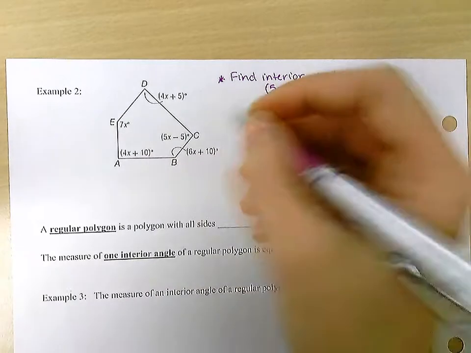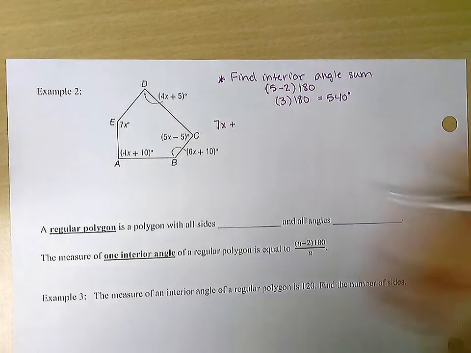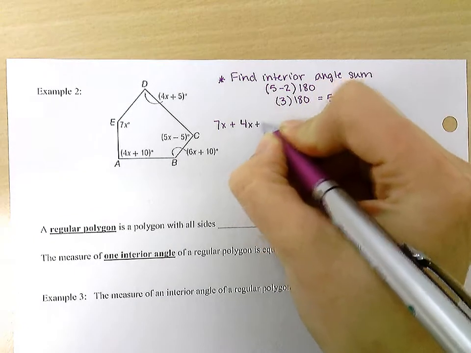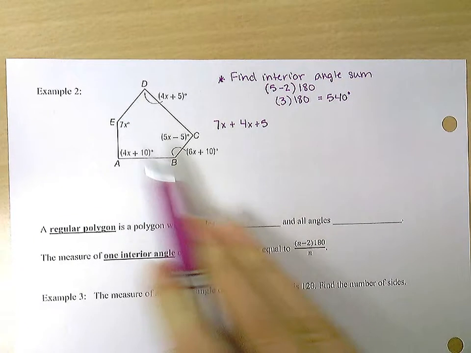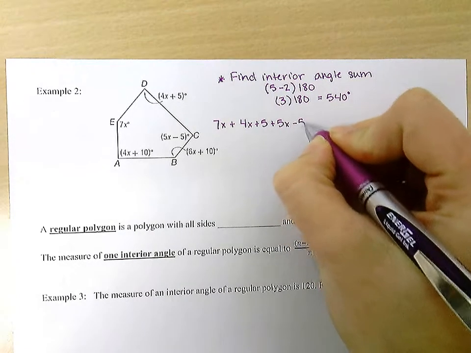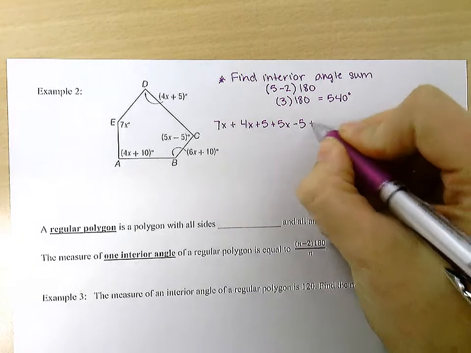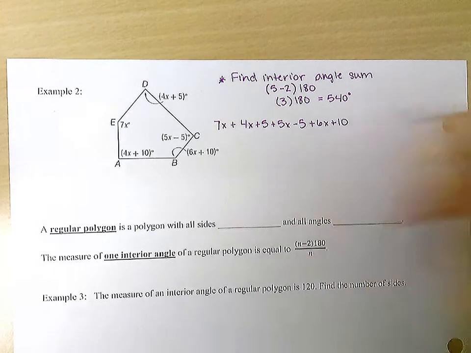Okay, so I have 7x plus 4x plus 5 is angle D. Angle C is 5x minus 5. Angle B is 6x plus 10.